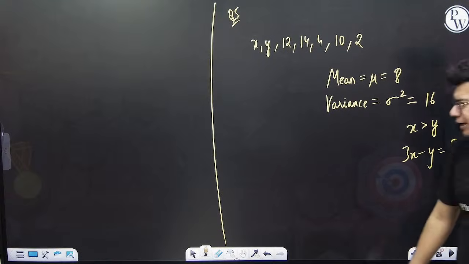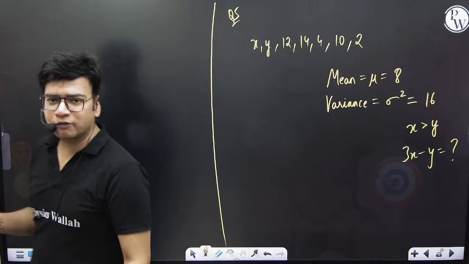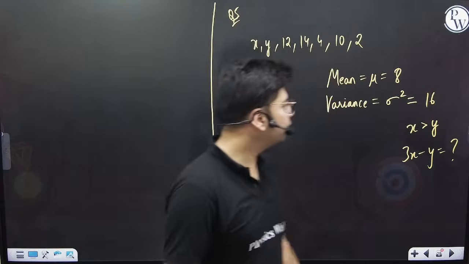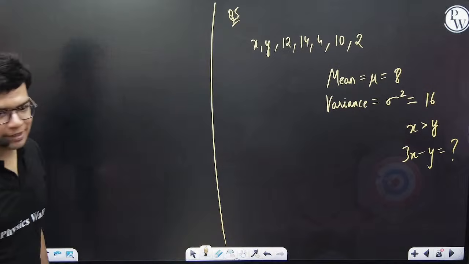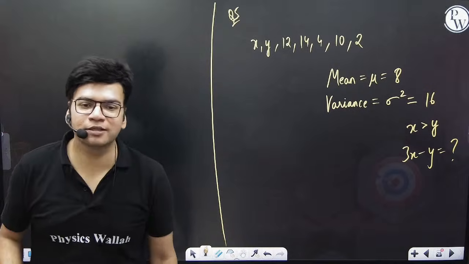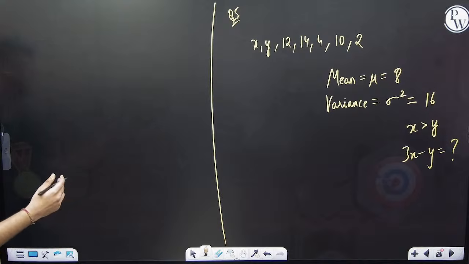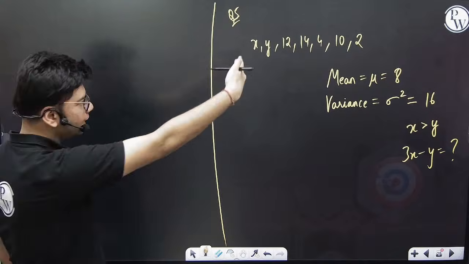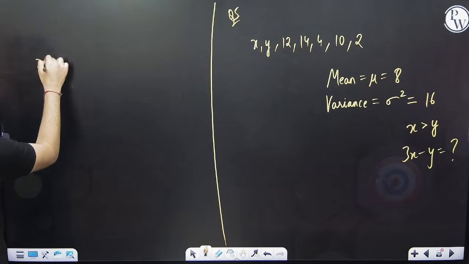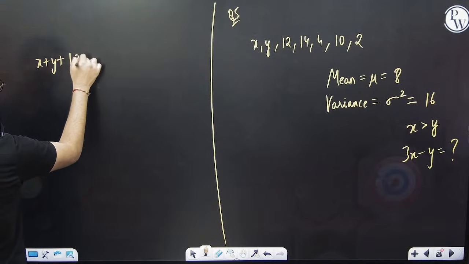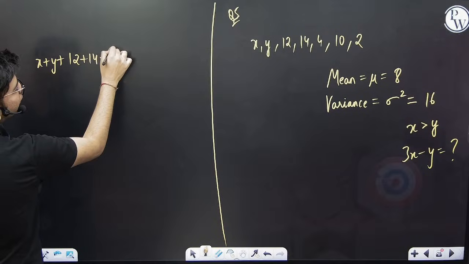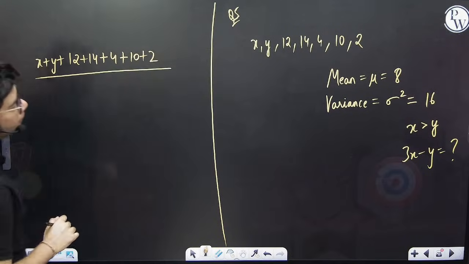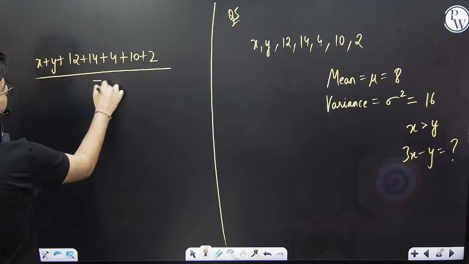Again, a very straightforward question. Sure shot 4 marks from statistics, as we have already emphasized in the previous videos. So again, statistics is a very scoring topic. The first equation you can get with the help of the mean. So what will you get? x plus y plus 12 plus 14 plus 4 plus 10 plus 2 upon 7, as 7 observations are there.